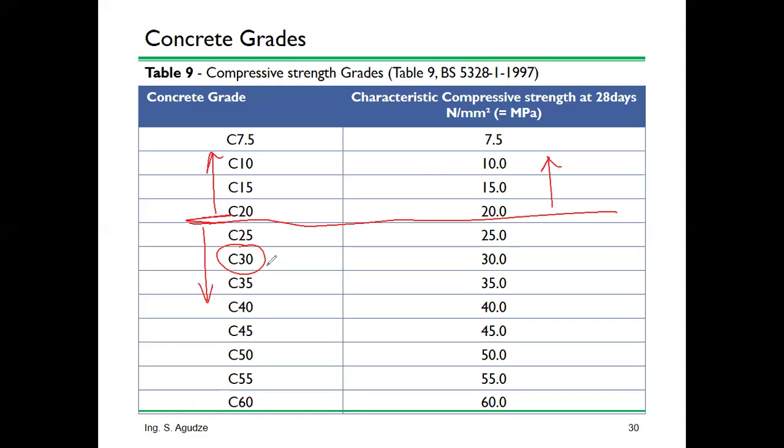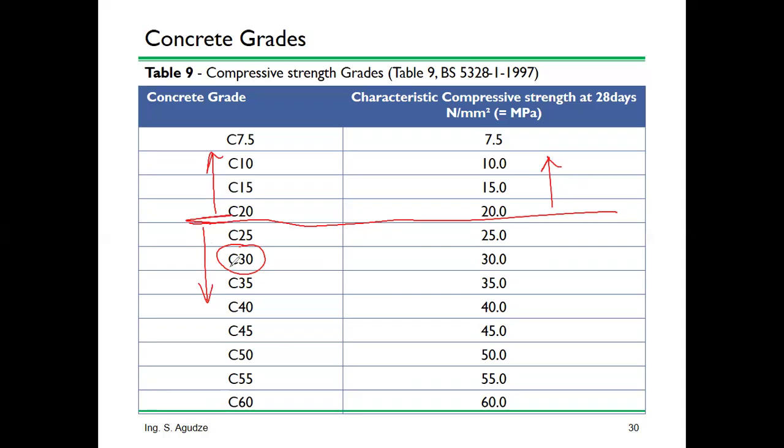And then you test. And after testing, you calculate the compressive strength. And then after that, you can now check whether the strength has passed or has not passed. If the strength passes, you use that ratio you used to prepare the cube as the ratio you adopt for the works. Okay.